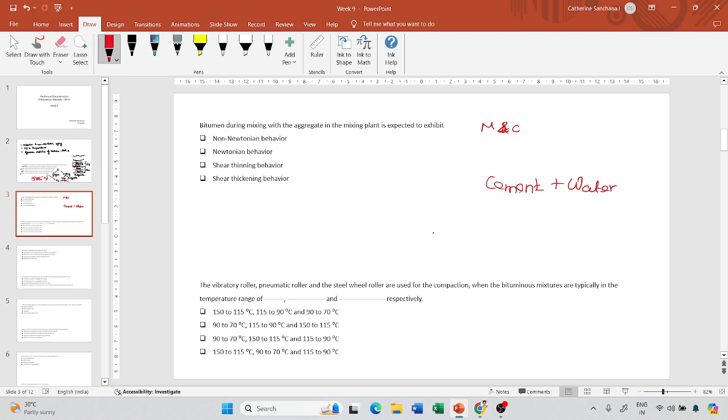Now once you've mixed the concrete, the same cement should hydrate and provide a binding property to the aggregates. So it has to provide strength to the concrete, as in it has to bind the aggregates, and the entire mixture is to provide strength. So it acts as a binder as well.